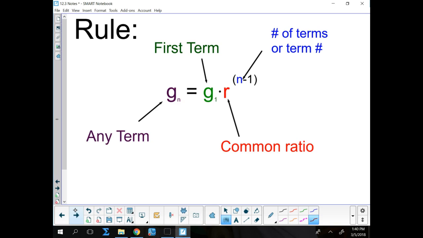Notice how we switched from a's to g's, because we went from arithmetic to geometric. Okay? So a and g, we switched off on. So we got any term is the first term times the common ratio to the n minus 1 power.